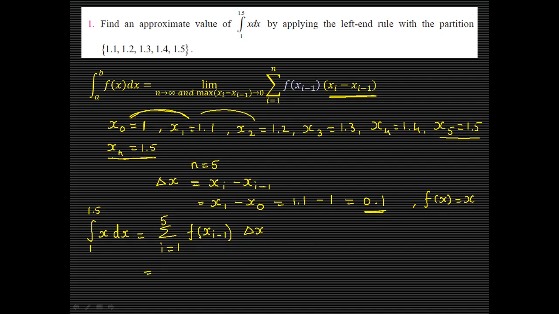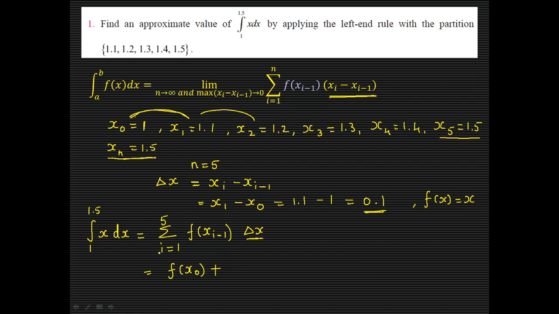Now I am going to split this. If I put i equal to 1, I get f of x naught, so write f of x naught first and then plus. The delta x is the same, so we take it outside and apply the summation only for f of x.